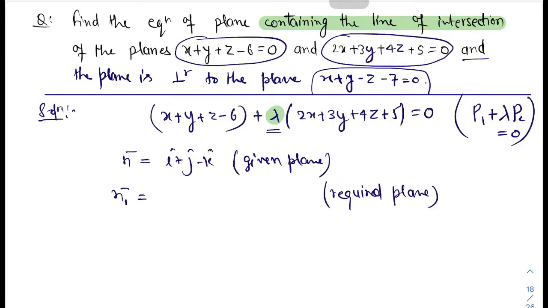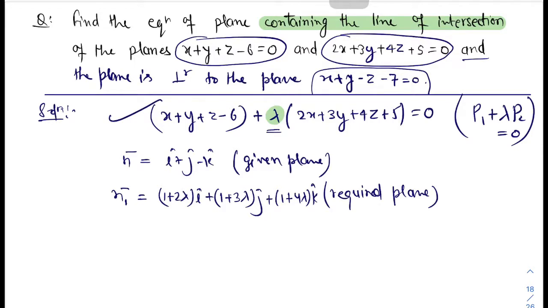The coefficient of x is 1 plus 2 lambda i cap, then 1 plus 3 lambda j cap, and finally 1 plus 4 lambda k cap. So this is our normal vector of the required plane.